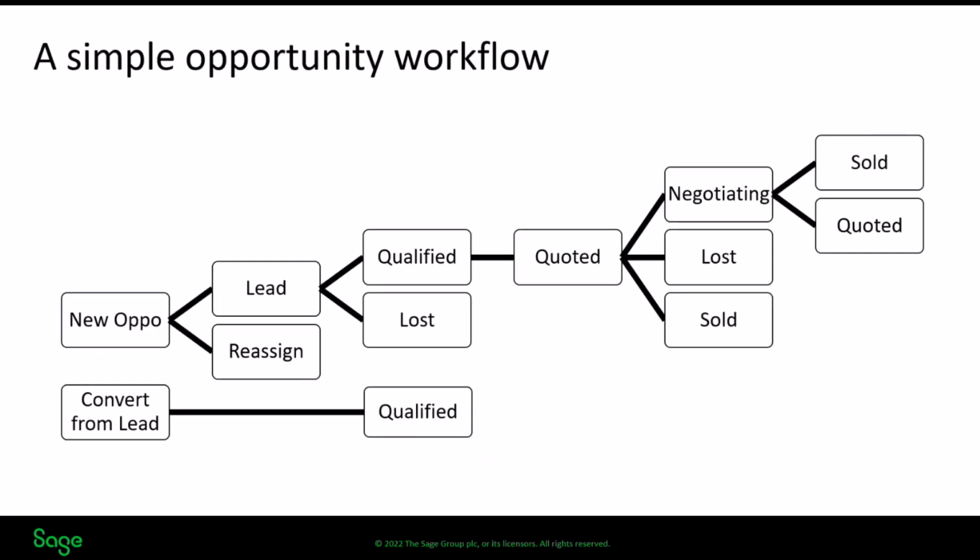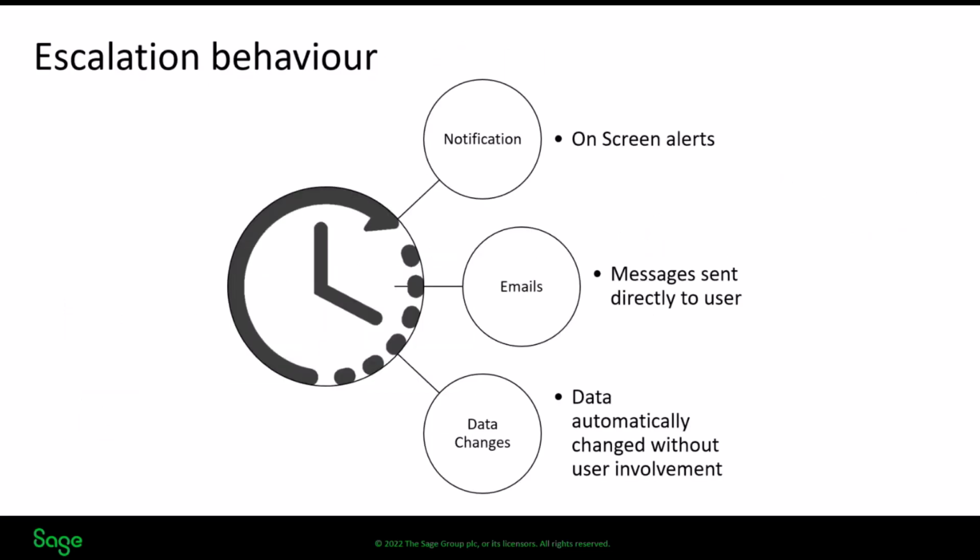That individual opportunity can have a workflow which has multiple stages that we can then control and decide what actions take place that are down to the user and what actions take place down to the passage of time automatically.